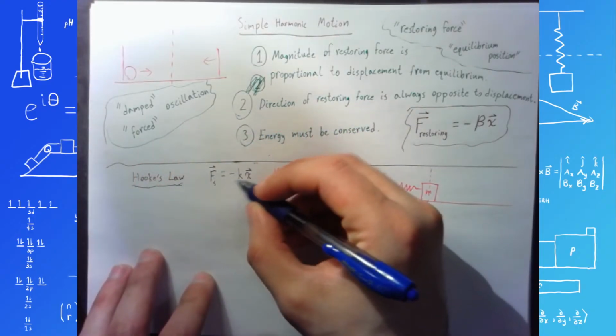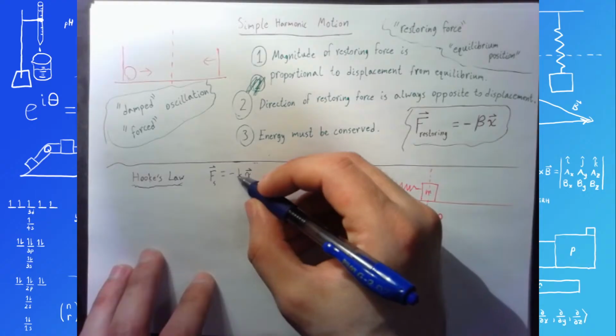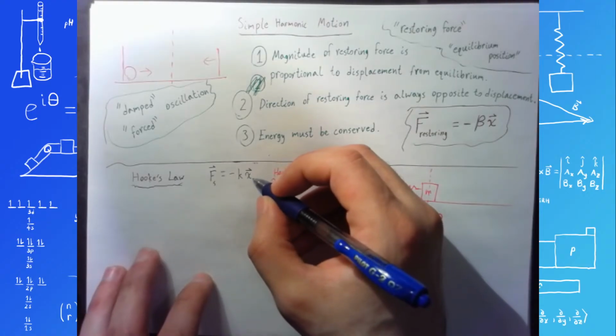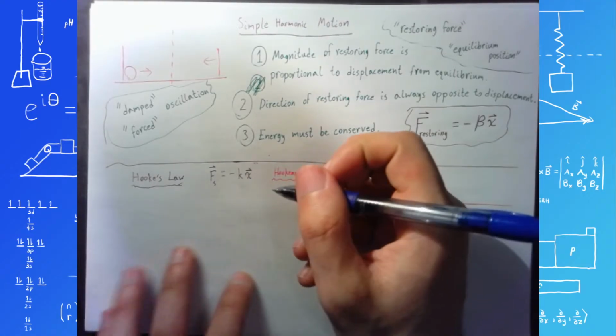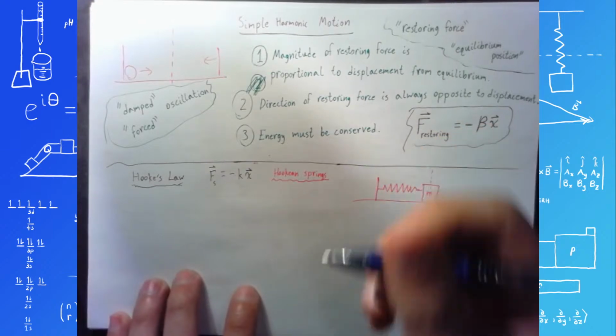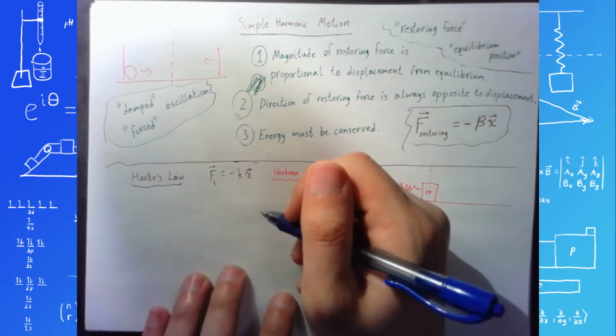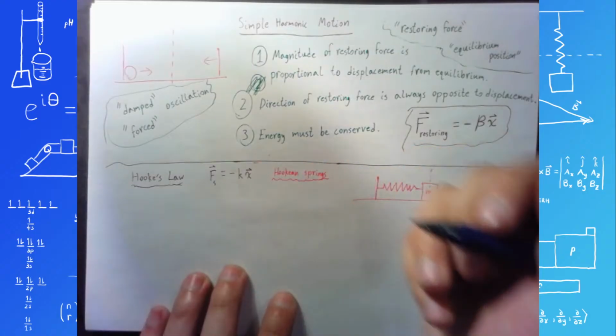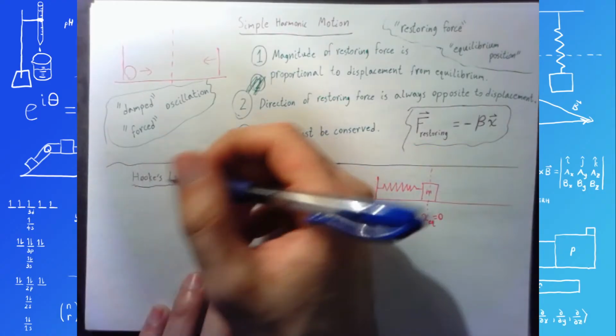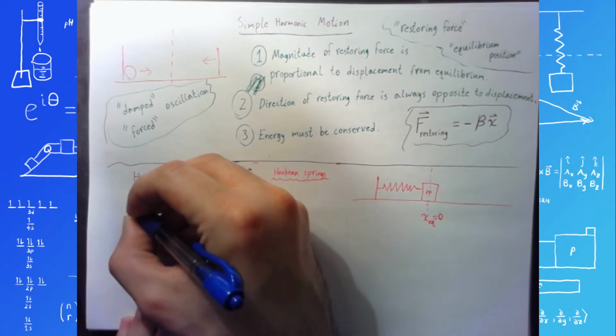Force we already stated. Force in a spring is equal to negative kx. I'm usually going to drop the negative sign just for the sake of simplicity. But energy is another thing that we learned.